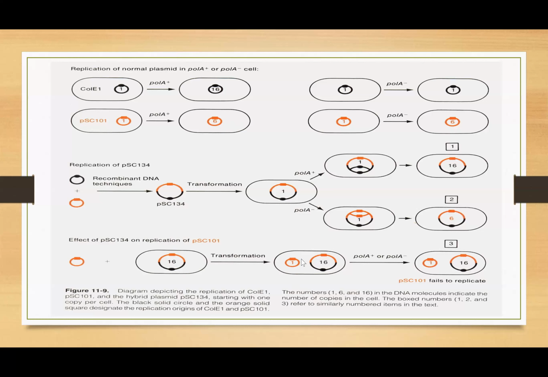But what was seen, both in the normal cell and in the mutant cell, is that this plasmid doesn't replicate at all. Why?